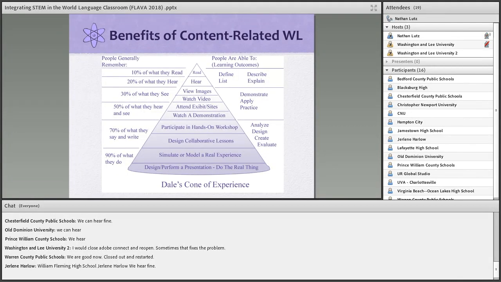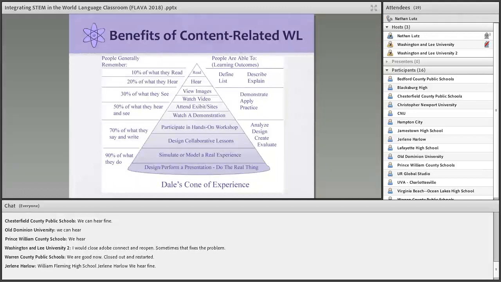This is a favorite graphic of mine. It's Dale's cone of experience, and it really opened up my way of approaching how I work with my students. In fact, at one of the positions that I held, the head of school always included this graphic in the onboarding documents that new teachers received because it's really how he wanted us to think about our teaching.